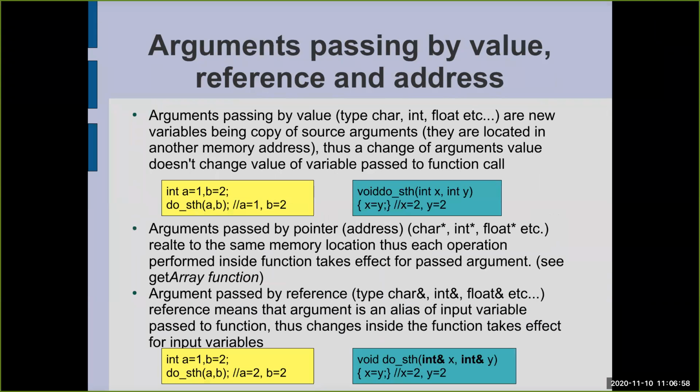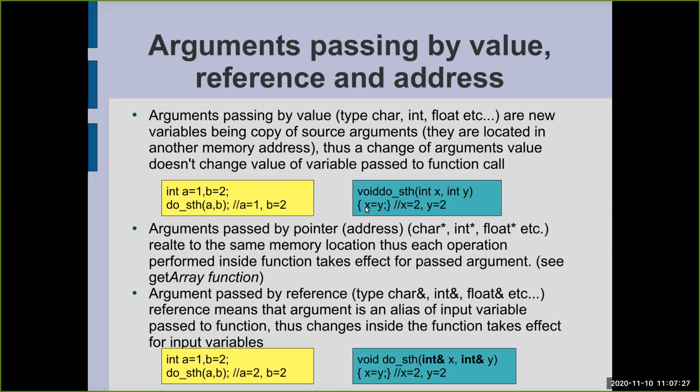So now I'd like to tell you something about differences in arguments definition. So look at this first example. I have the function do something which has 2 arguments, and the function definition is like this.